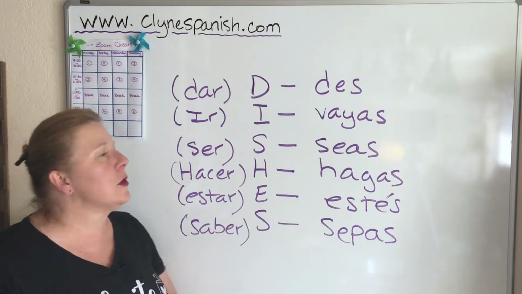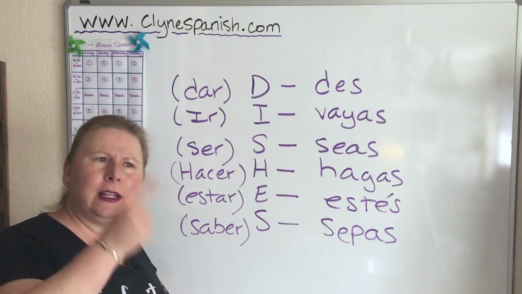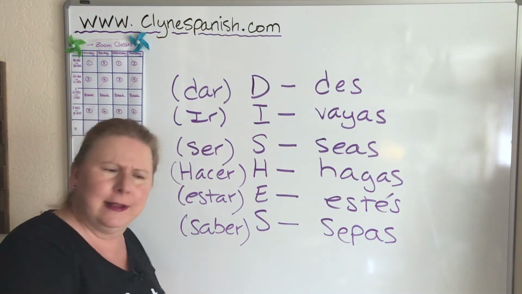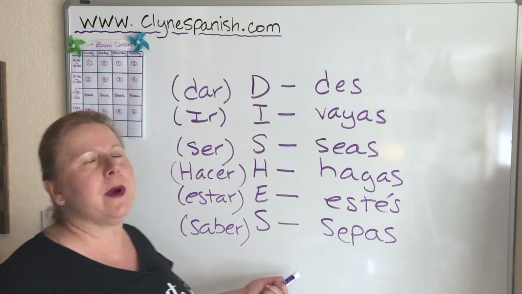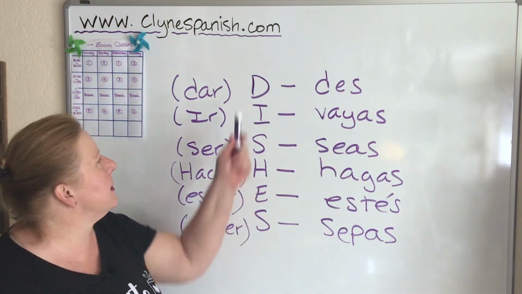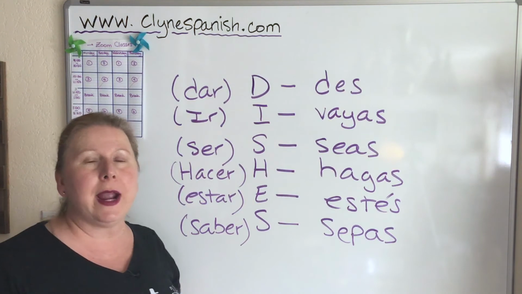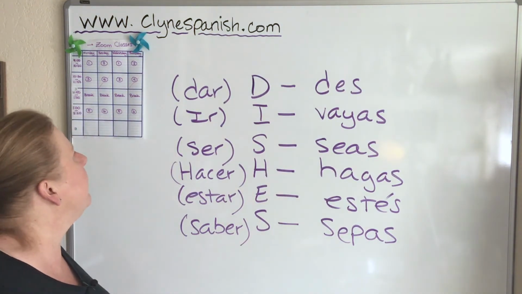Okay, clase, so your negative commands, so telling a friend or, like when you're teaching or doing summer camp, telling those kids not to do something, these are the irregulars. So I use an acronym. I use DISHES, D-I-S-H-E-S, to help you remember the irregulars. Now note, different than the affirmatives, right?